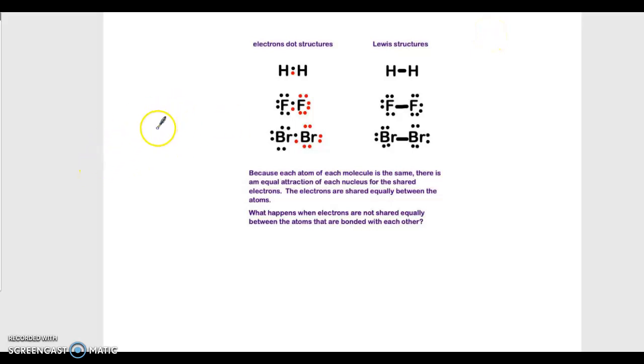So some things to keep in mind as we learn how to draw electron dot structures or Lewis structures. First, the octet rule. Atoms like to have 8 valence electrons, right? We've been talking about that since first semester.